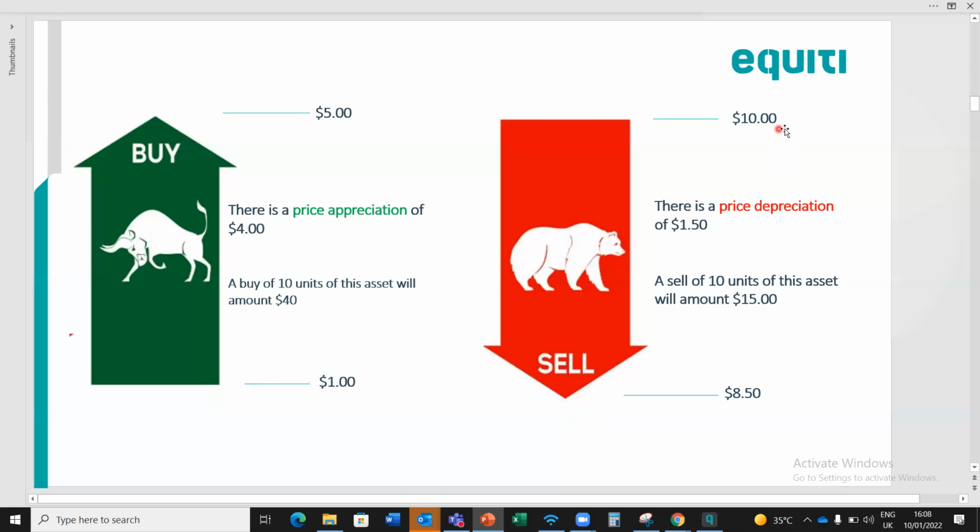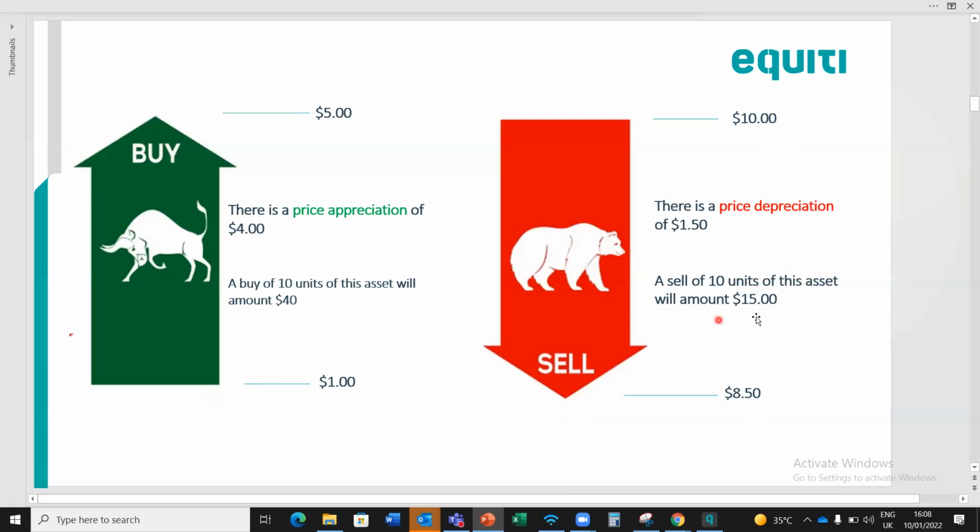Now, gold fell from $10 to $8.50. I am assuming this. Don't get lost. I'm assuming this. It fell from $10 to $8.50. Now you notice that there is a price depreciation of what? $1.50. That's the difference between where you sold and where it has moved to. Now imagine that you have sold 10 units or 10 ounces of gold.